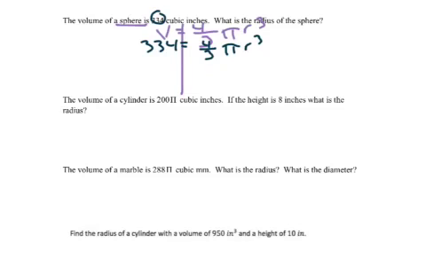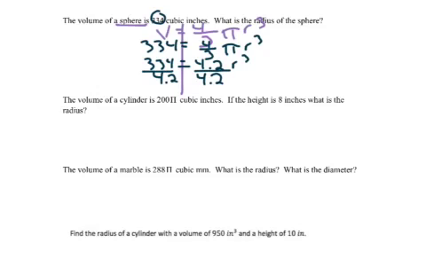Well, if I simplify the right-hand side by multiplying, I would have 334 is equal to 4/3 pi, which is roughly 4.2, and I still have r to the third power. Remember, I have to get r by itself. The opposite of multiplying is dividing, so I'm going to divide both sides by 4.2.